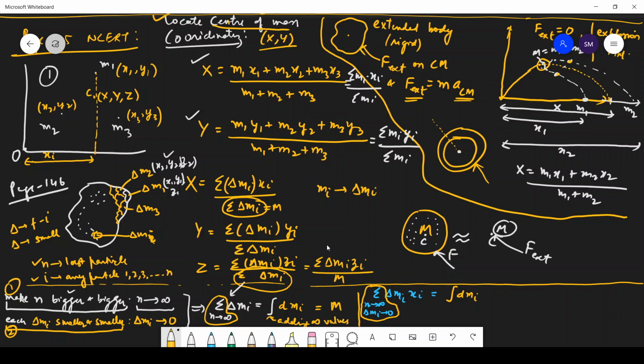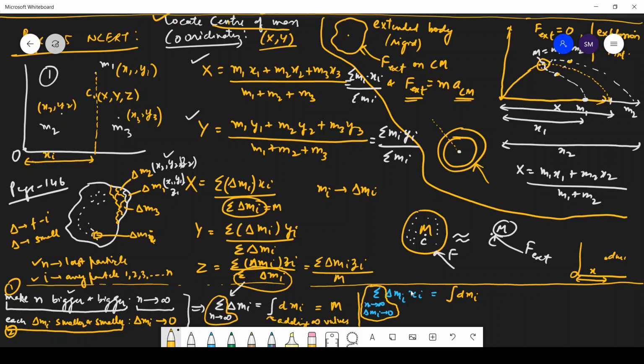Similarly, let this dmi be at distance x. Suppose this was somewhere your dmi, and dmi is at a distance x. So instead of xi, we'll take it in the general term that this is at a distance x, because we have pointed out a particular mass. It can be any mass, but it will be at a particular distance from the origin.